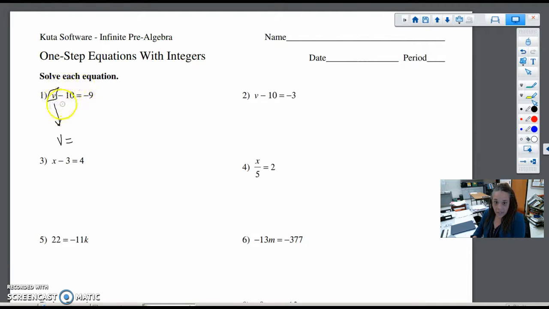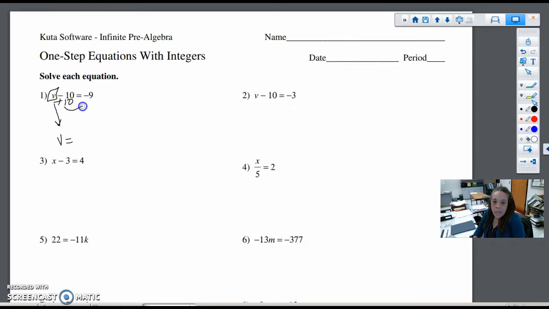And we need to get rid of everything that is with v in order for it to be isolated. So what it shows here is a minus 10 or a negative 10 is there with the v, so I have to do the inverse operation, which is the opposite of what you see. So the opposite of negative or minus is plus. So that means I'm going to add 10 so that I can cancel out those terms.